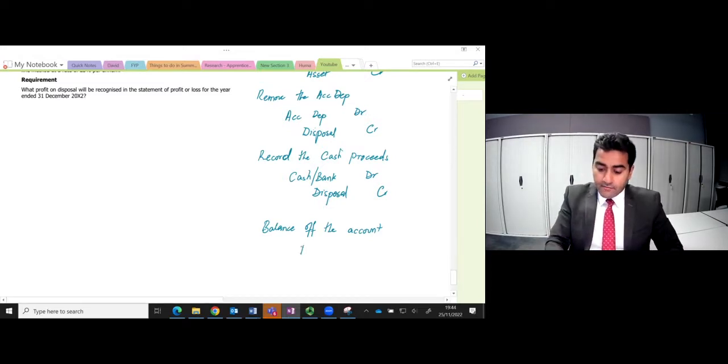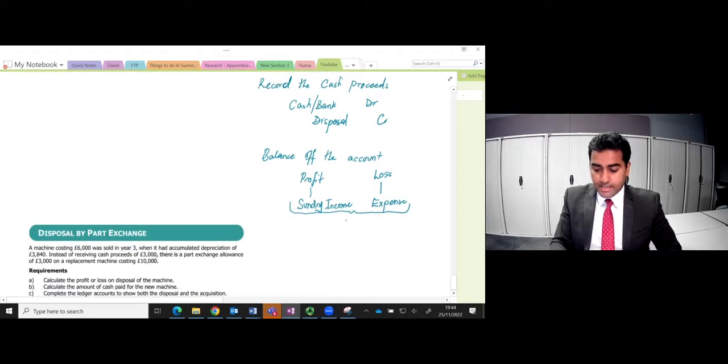If we make a profit on the disposal, it is recorded as sundry income in the income statement. If we make a loss, then it is recorded as an expense in the income statement.